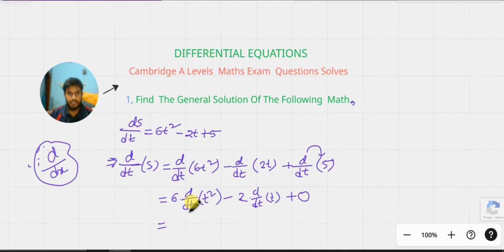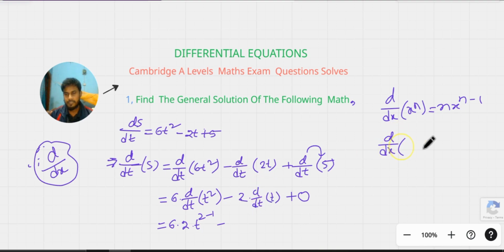Here we can see the differential operator and the variable are the same, so for t square, we can relate this function to x to the power n, d/dx of x to the power n. So the result will be n into x to the power n minus 1. So the result will be 6 into 2 into t to the power 2 minus 1, minus, and here if we relate this to d/dx of x, the result will be 1.